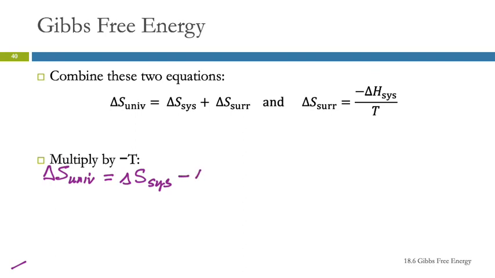Delta S surroundings is negative delta H for the system divided by the temperature.